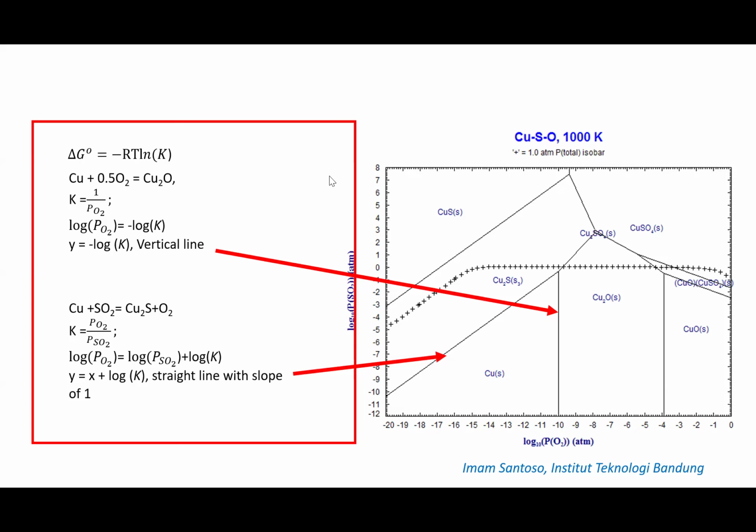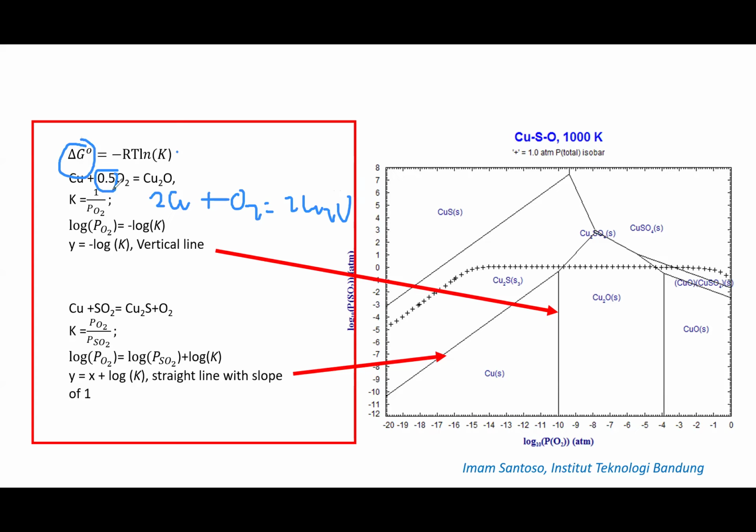Okay, that's a very good question. You mean what happens if this one becomes one, for example? Like 2Cu plus oxygen becomes 2Cu2O. When it becomes one, the Gibbs energy will change, so you will get the same result.